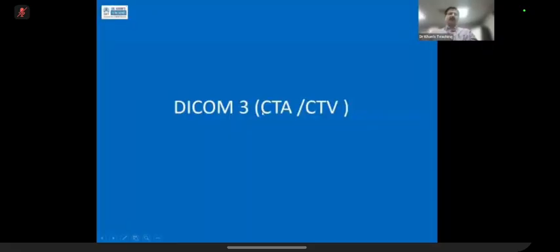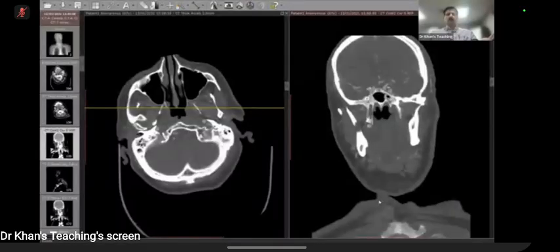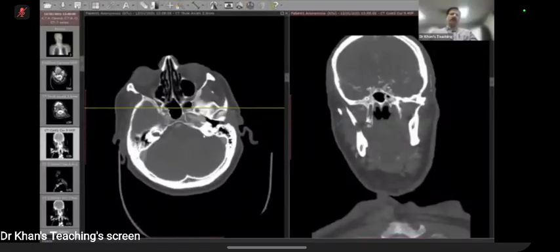So let me show you a DICOM, CTA and CTV, and the aim is just to show you, just one second. Can you see my DICOM viewer? Yes, I can. Okay, so let's go through this anatomy once again.